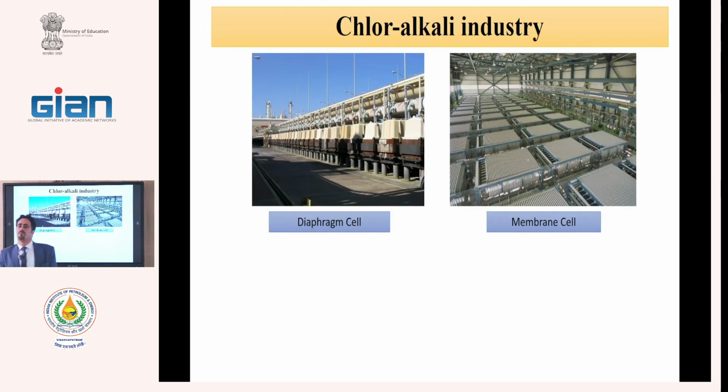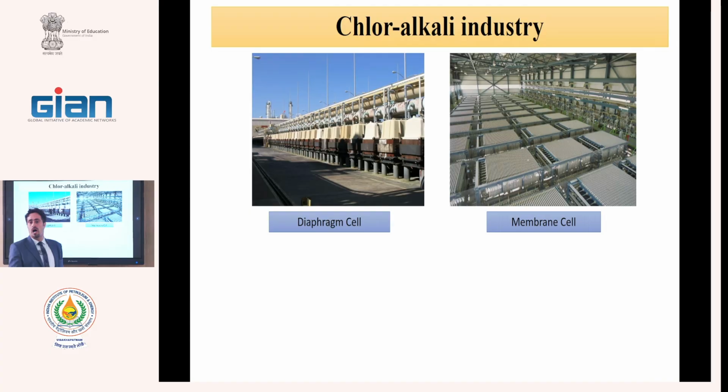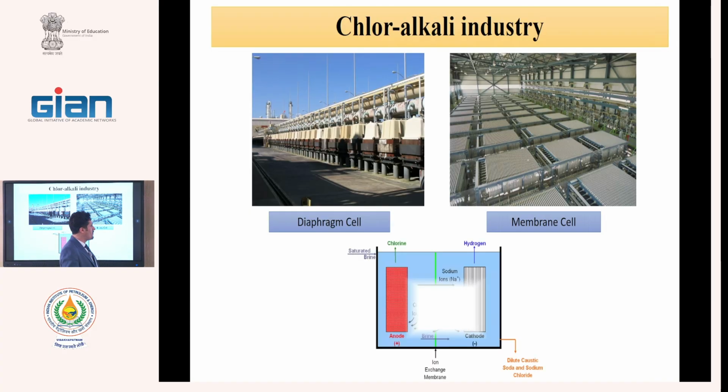Also, exchange membranes are used in chlor-alkali industries. In chlor-alkali industries, we want to pass sodium from the anode house to the cathode house for production of chlorine gas, hydrogen gas, and hydroxide solution, and usually use the sodium exchange membrane.